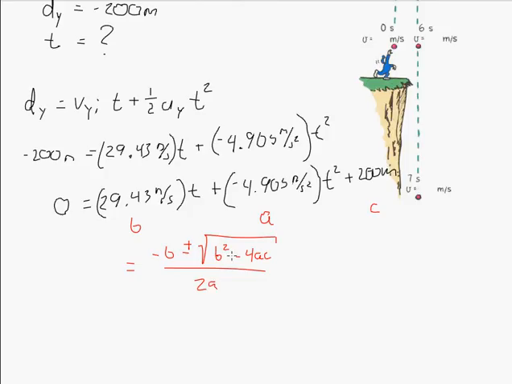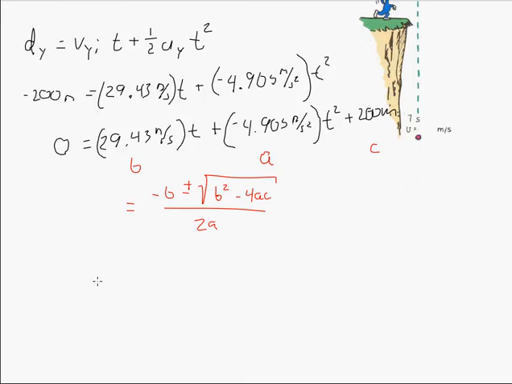So all you simply have to do, guys, is plug these in. Oh man, I'm going to run out of space. Let's just bring it down a little further. This is going to become 29.43 meters per second, the whole quantity squared, and it's negative on the outside, plus or minus the square root of b squared.